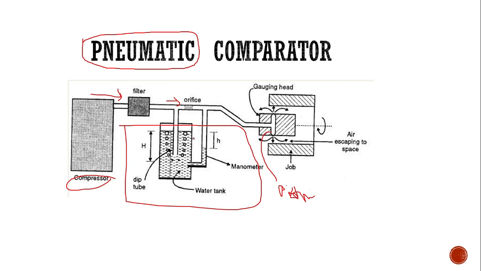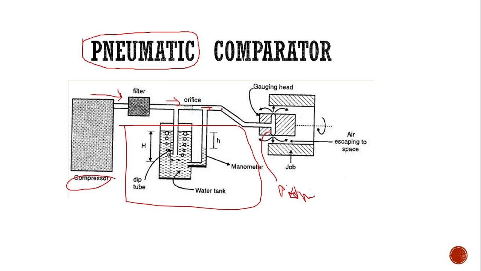The pressure on this side is measured with the help of this manometer, and the same pressure is maintained on this side every time, so that we will get accurate readings. If the pressure is increased, a part of the air will be transferred here and vented to the atmosphere, the pressure is reduced, and the required value is transferred to this pipe.